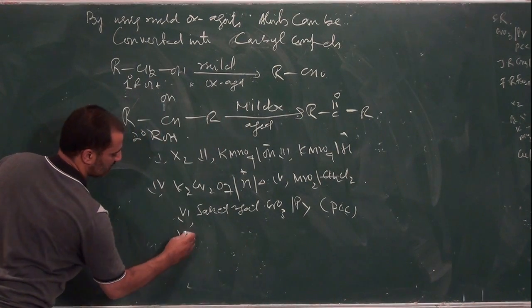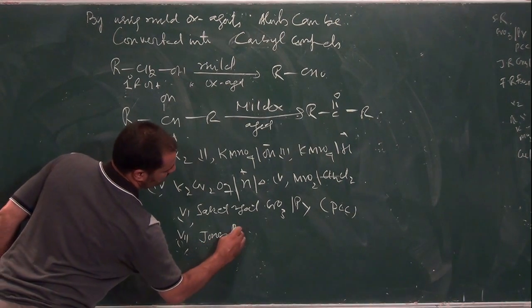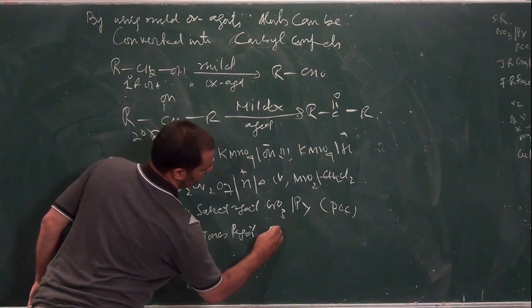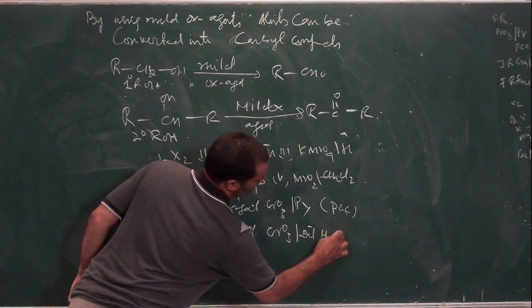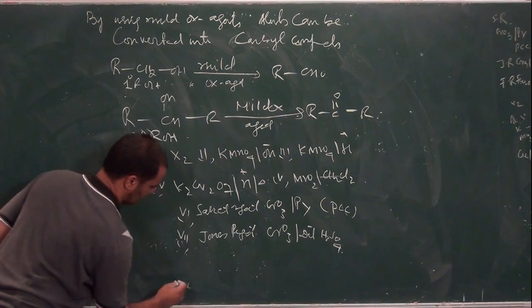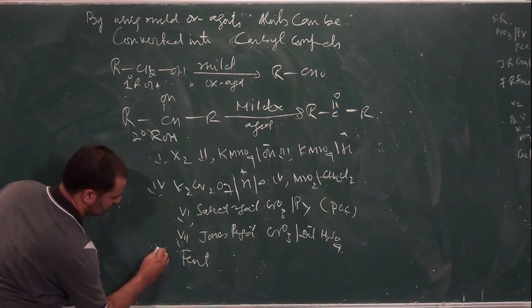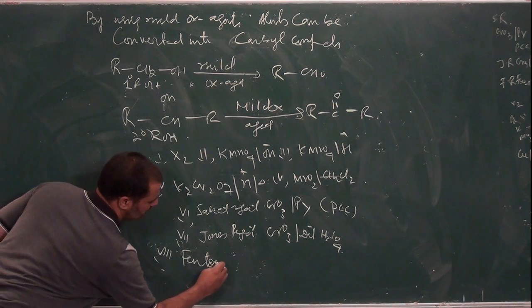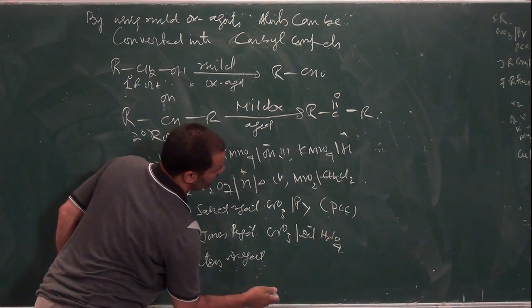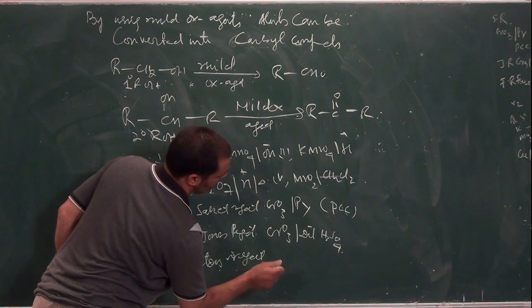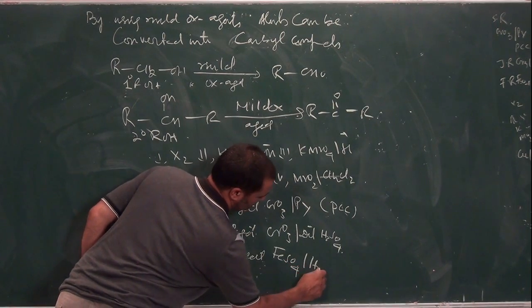Then we have seventh, Jones reagent, that is CrO3 in dilute H2SO4. Eighth, Fenton's reagent, that is FeSO4 with H2O2.